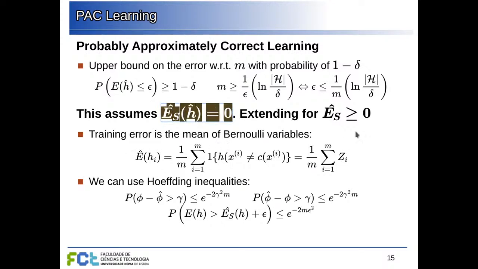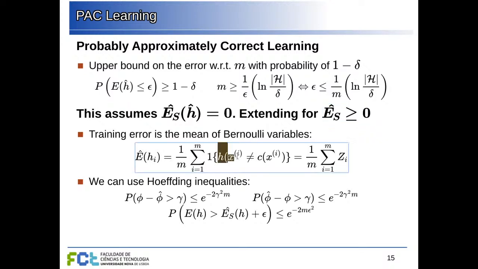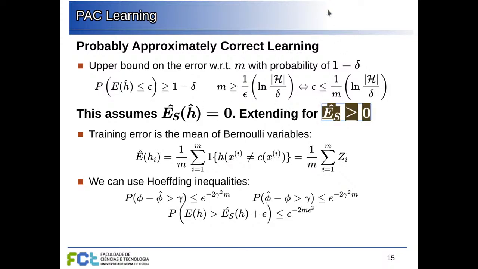But we can extend this for empirical errors greater than 0 by looking at the error as the average of these Bernoulli variables, which are whether or not we get the classification wrong. And so we can use these Hoeffding inequalities and actually extend this expression for cases where our learner is not consistent. So there may be some error in the training set still.